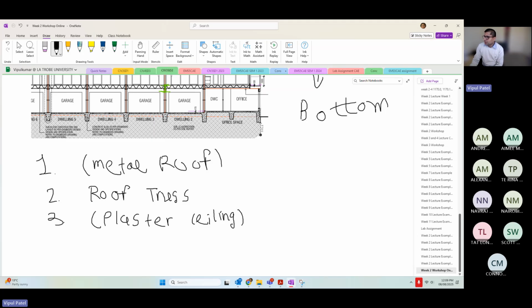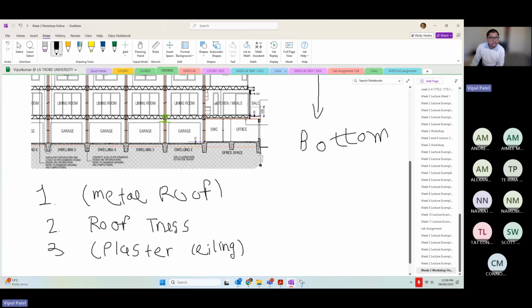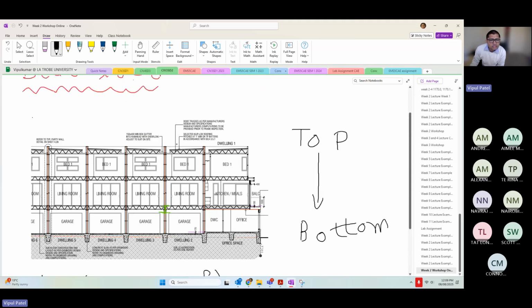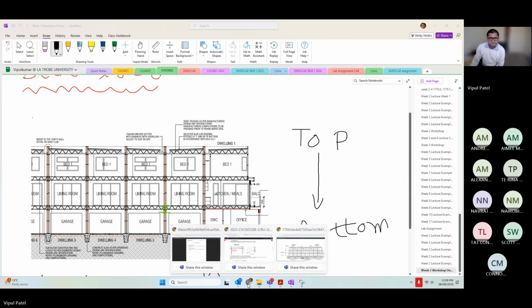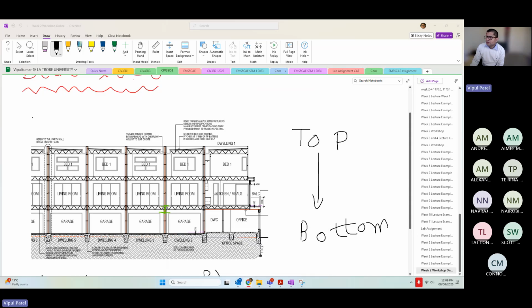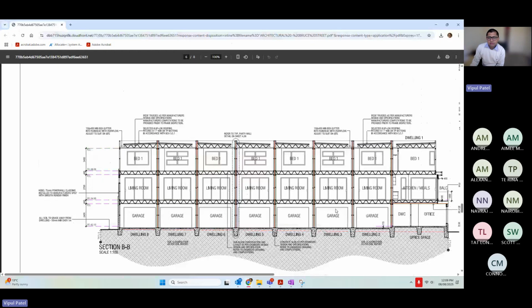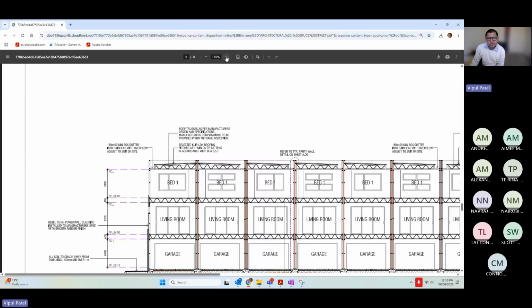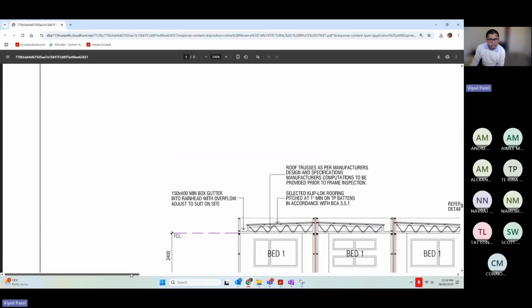Now, if I want to get all the details of the roof, you can see it here. Let me magnify this one.